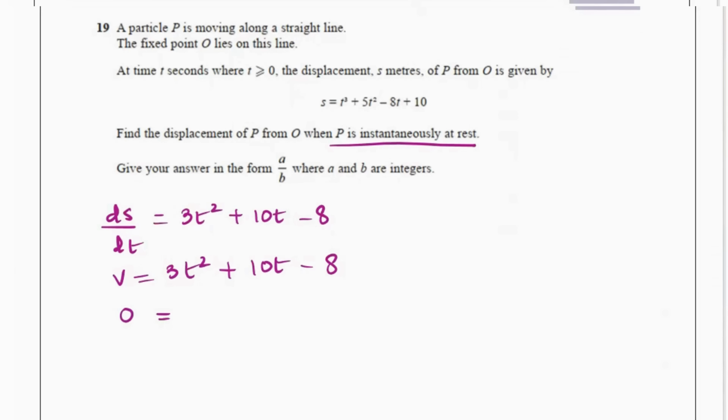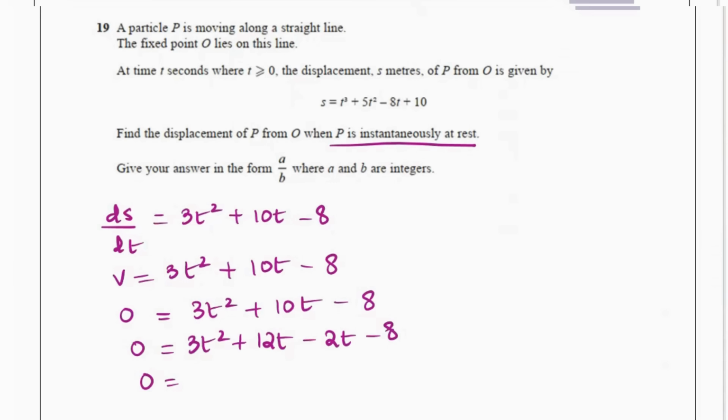So 0 equals 3t squared plus 10t minus 8. Now we solve this quadratic equation. So 3 times 8 is 24. Factors of 24 that we can use are 12 and 2. So 3t squared plus 12t minus 2t minus 8. Between 3t squared and 12t, we have 3t common, so t plus 4 goes in the bracket. Between negative 2t and negative 8, we have negative 2 common. Again, t plus 4 goes in the bracket.